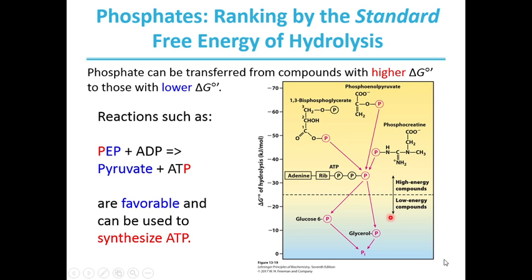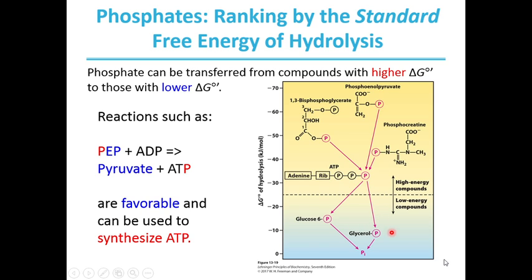Now, the location of each compound's donor phosphate group along the scale is an approximate indication of the compound's standard free energy change of hydrolysis. This flow of phosphoryl groups catalyzed by enzymes like kinases proceeds with an overall loss of free energy under intracellular conditions.